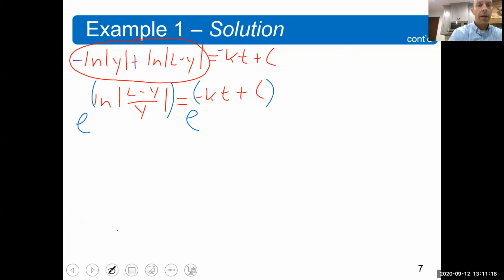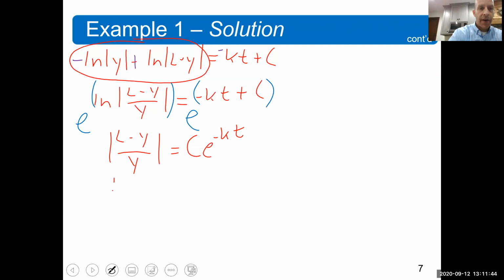That's going to give me absolute value of L minus y over y equals ce to the negative kt. I hope you remember this step on the right from when we did section 5.2 from last year. If you don't remember, I would encourage you to ask me or look back at your notes. But anyways, that's what that becomes.